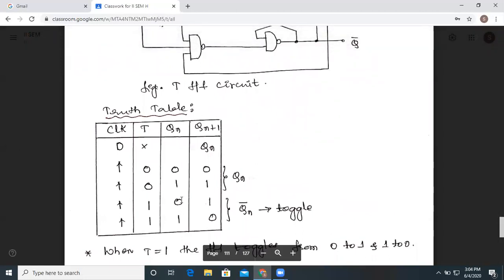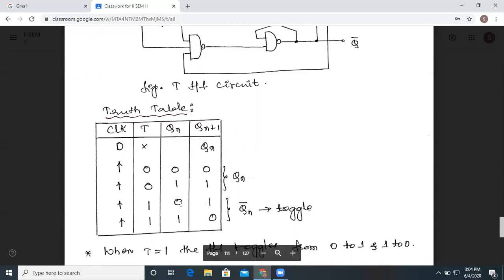That means if Qn was 0, then the present state becomes 1. If Qn was 1, the present state becomes 0. That's why it is represented here as, for T equal to 0, we get Qn. What is Qn? It is the previous state. So the present state is equal to the previous state.